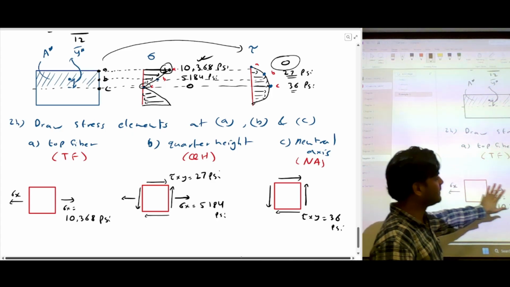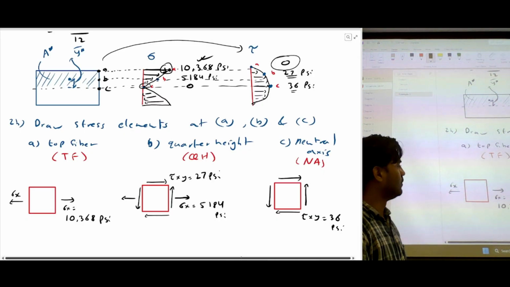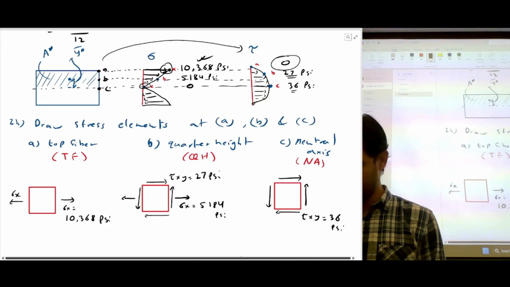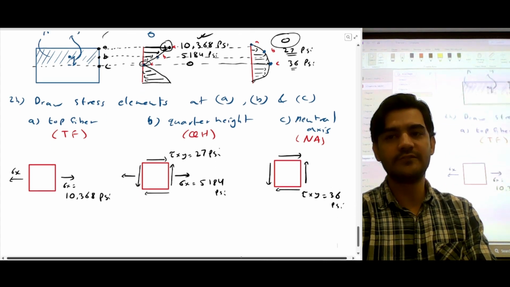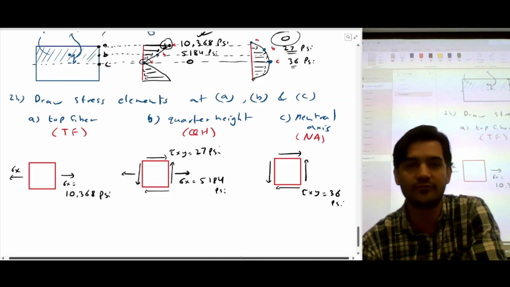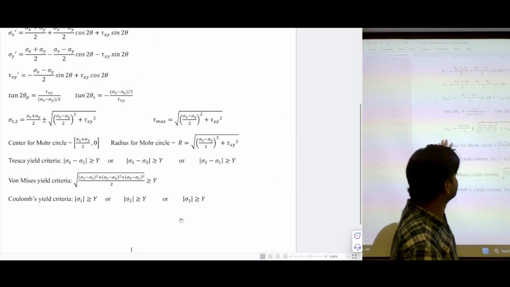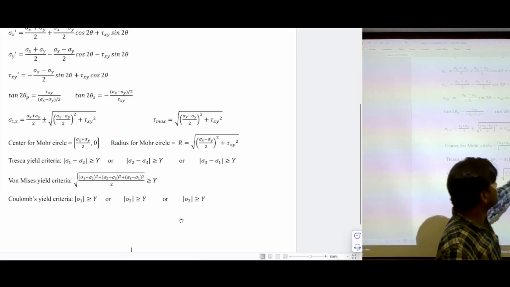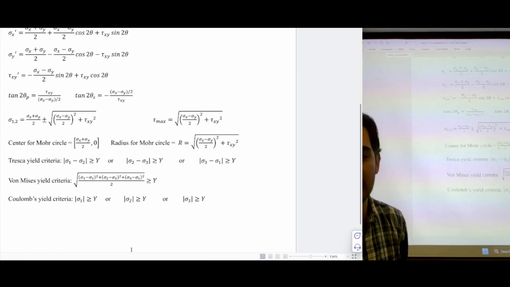So we have extracted three stress elements, and we don't know which of the stress elements will give us maximum stresses. Since we have to compare with the yield criteria, the formulas include stress 1 and stress 2 to see if the failure is going to happen or not.